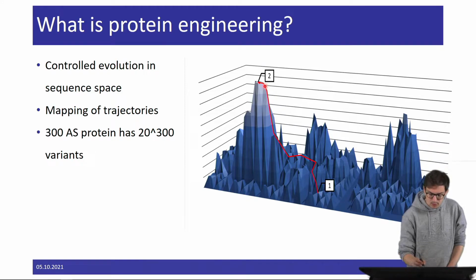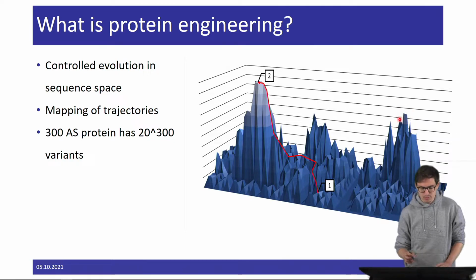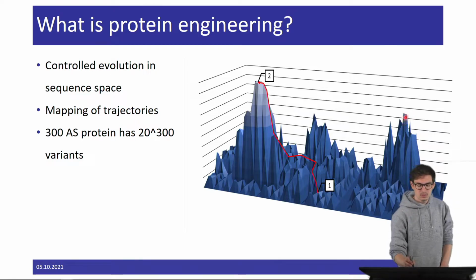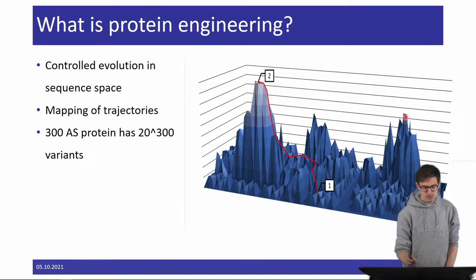But for example, it could also be that you'd have to descend first, so that you have to generate a variant that has decreased activity, but then you are rewarded by finding a variant with higher activity. This is not the global maximum in this case, but there could be a chance where you couldn't tell the difference. If you arrive at this point, you wouldn't really know if you are at the global or local maximum of the function.